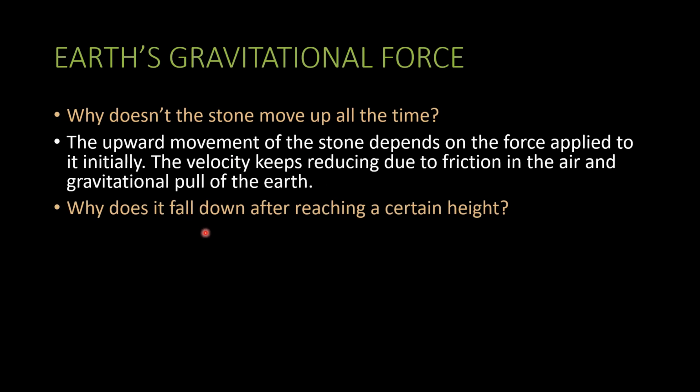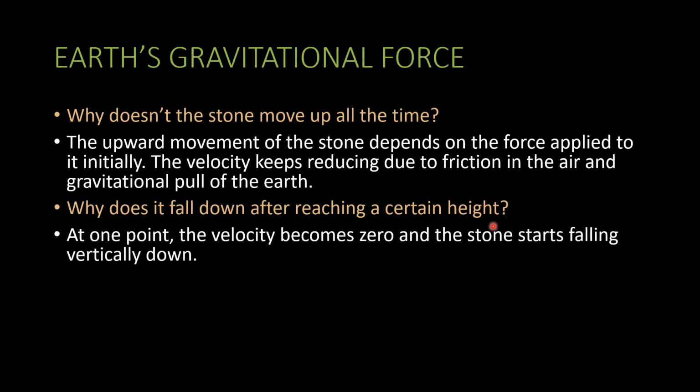So why does it fall down after reaching a certain height? We have learned that the velocity reduces when the stone is moving up. At one point, this velocity will become zero and the stone starts falling vertically down.